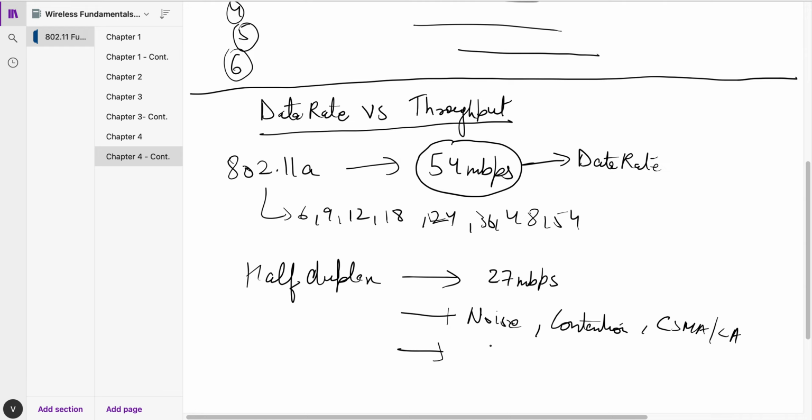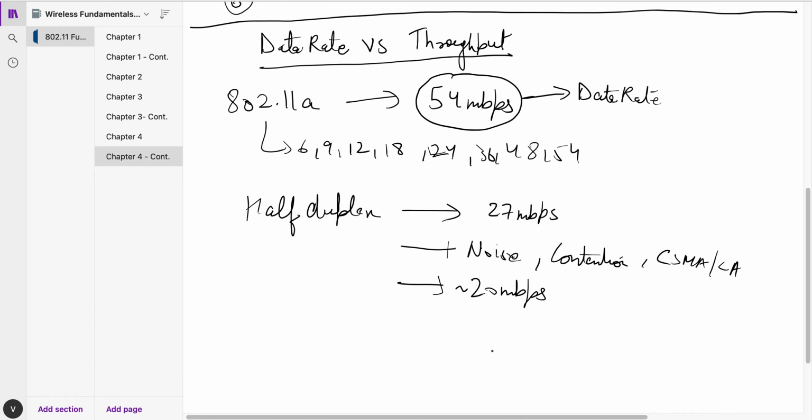The throughput sometimes becomes around 20 Mbps or so, approximately. This means that if I have one client on the AP, I can only get about 20 Mbps of throughput for that client connecting on the dot 11A protocol.